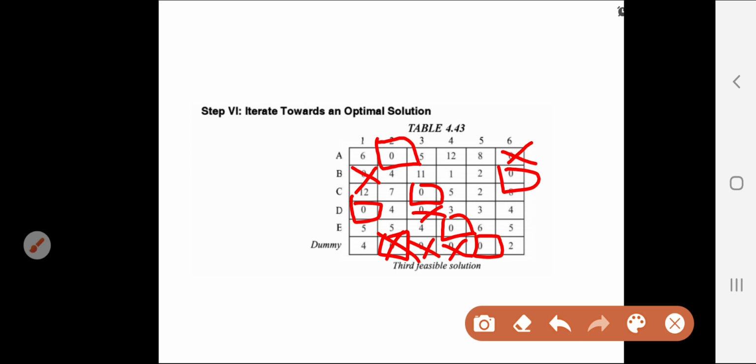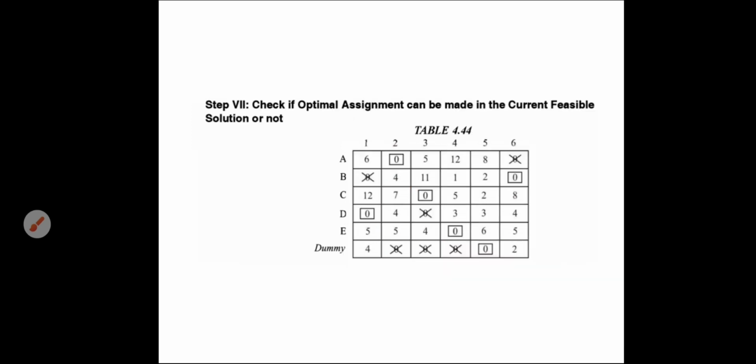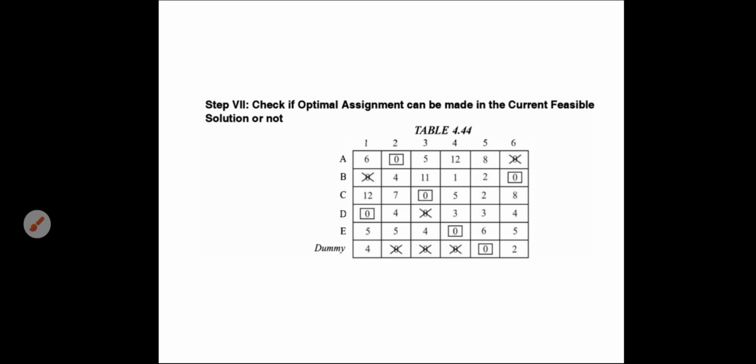Okay, here you can see total number of assignments are 6 and total number of rows and columns are 6. In this way you can assign. So you have crossed all other zeros and have 6 assignments. So the current solution is feasible as total number of assignments are 6.